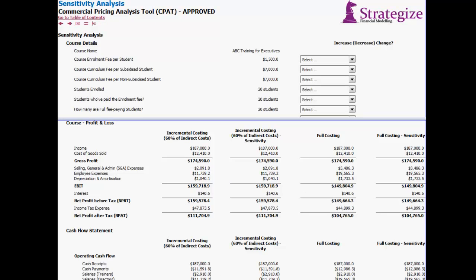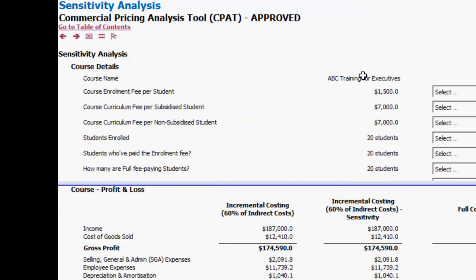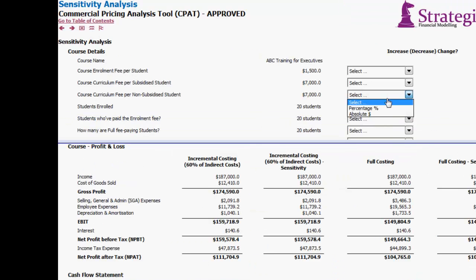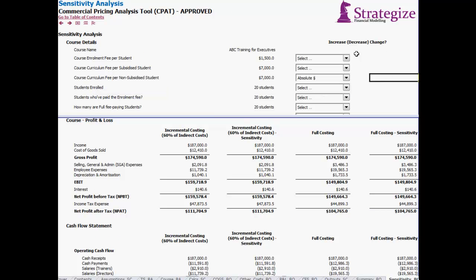Now let's move on to a more micro product or service specific area of your company. Under this sensitivity analysis, we're looking at a company that's providing training courses. Let's say that we're going to be able to increase the fees charged to our non-subsidised students by $2,000.